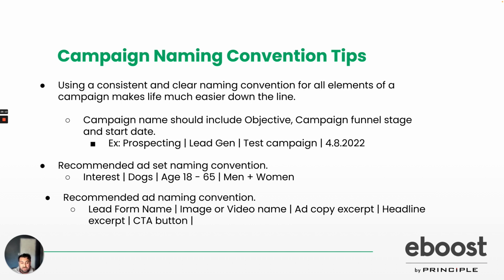And then I might also include an ad copy excerpt. So just something about the ad copy or the headline that's going to help me remember what this ad was for. Same thing with the headline, and then the CTA button. So am I using learn more, shop now, download now if they're downloading an ebook, etc.